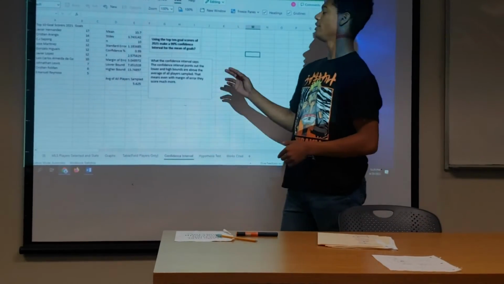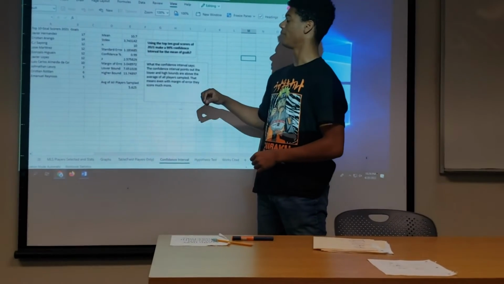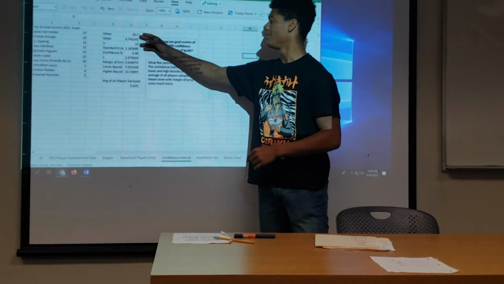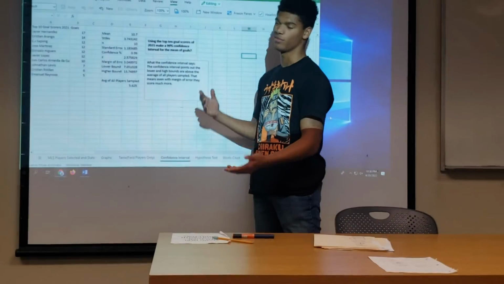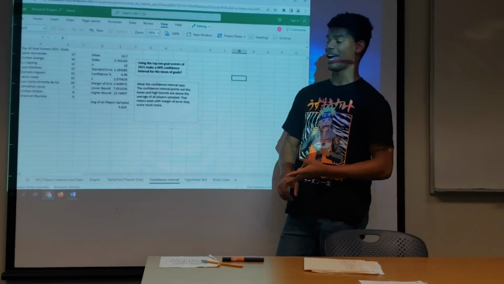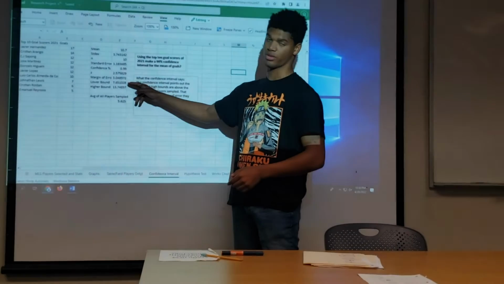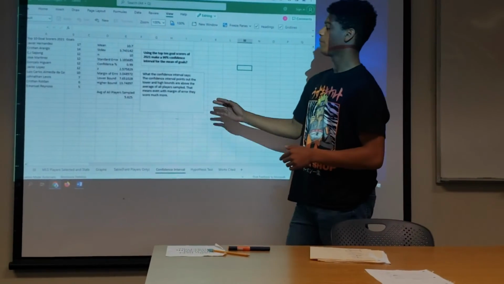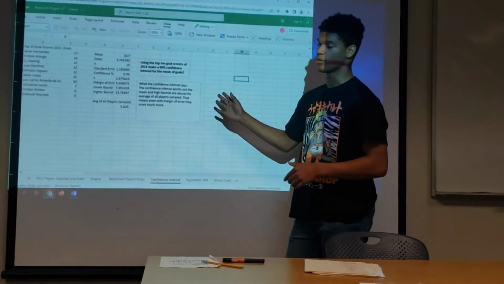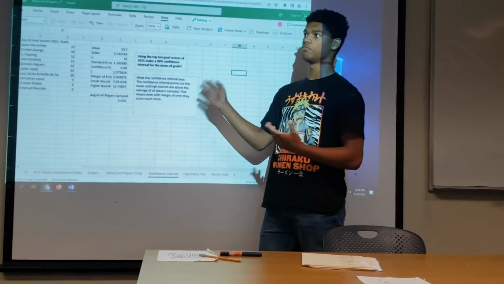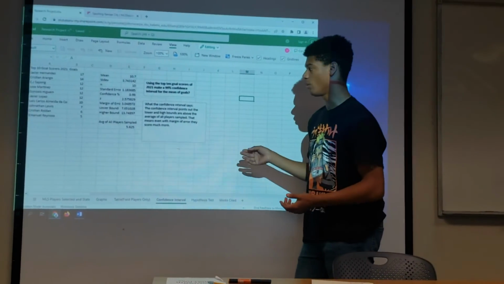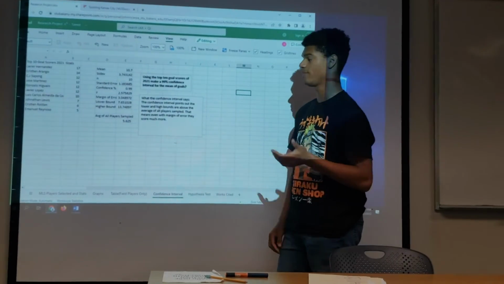In order to find the lower bound and the higher bound, we took the mean, which is 10.7, 11 goals realistically, and we subtracted and added the margin of error to that. That got the lower bound as 7.65 goals, which really is about 8 goals or so. And then the higher bound is 13.74, which is really just 14 goals.